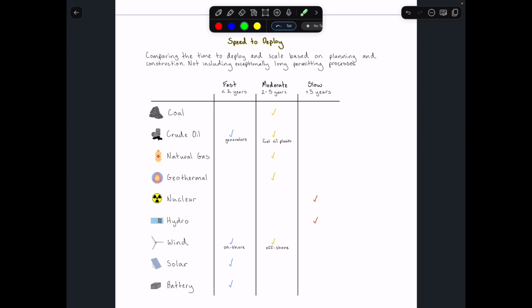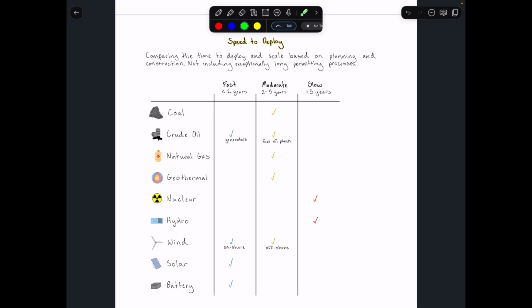But with coal-fired power plants, crude oil, natural gas, and geothermal power plants, while these do have some factory components in their design, there are often certain aspects of the power plants that are custom designed, that aren't necessarily built in a factory, so they do typically take longer to build out.